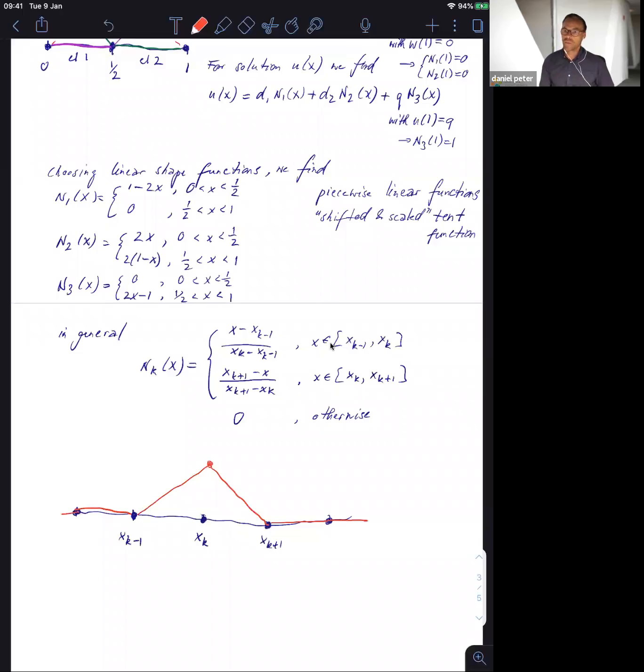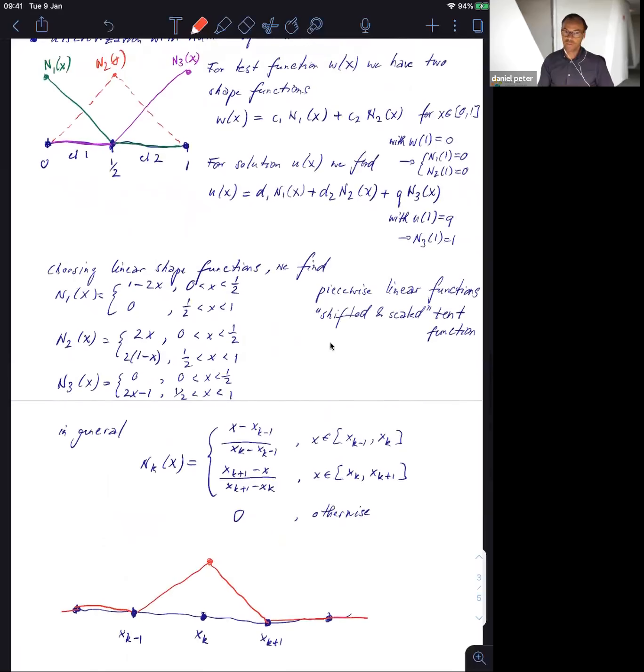Xk minus 1 is 0 and xk plus 1 is 1 for the example above. So these nk are basically now linear basis functions that we can use.